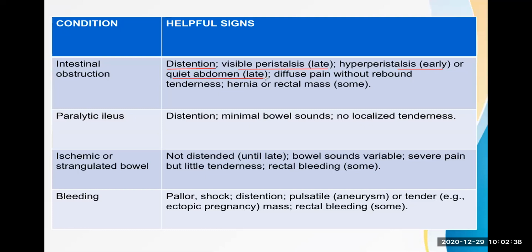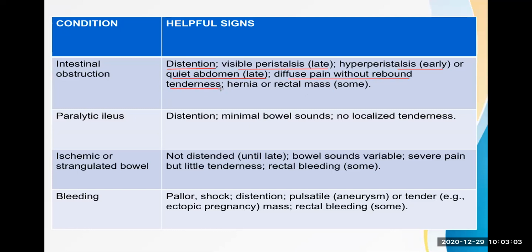How long can the peristaltic movement last? Not forever. After a certain time, those intestines will give way. They cannot contract anymore. Then the abdomen is quite quiet, meaning the bowel sounds are absent at that time. Because of the peristaltic movement, there is diffuse pain, but there is no rebound tenderness.